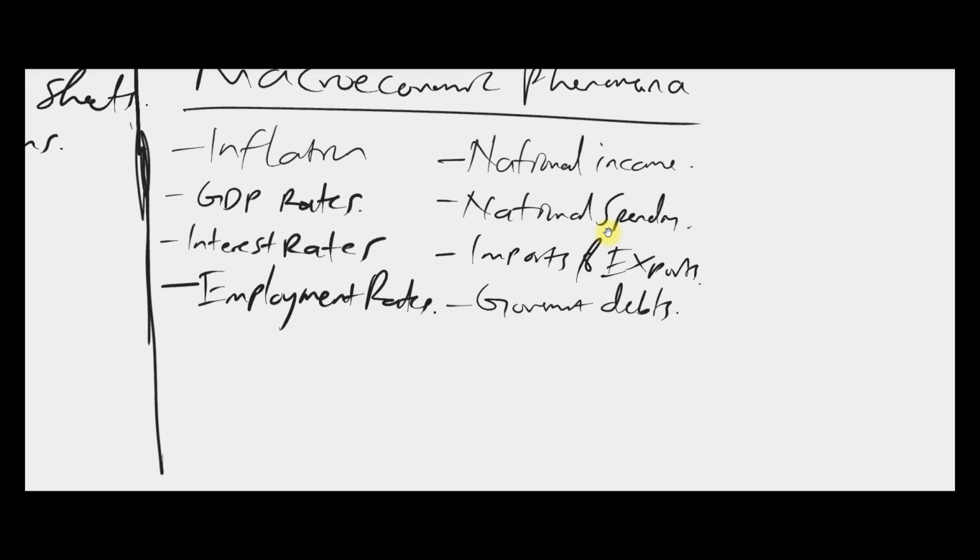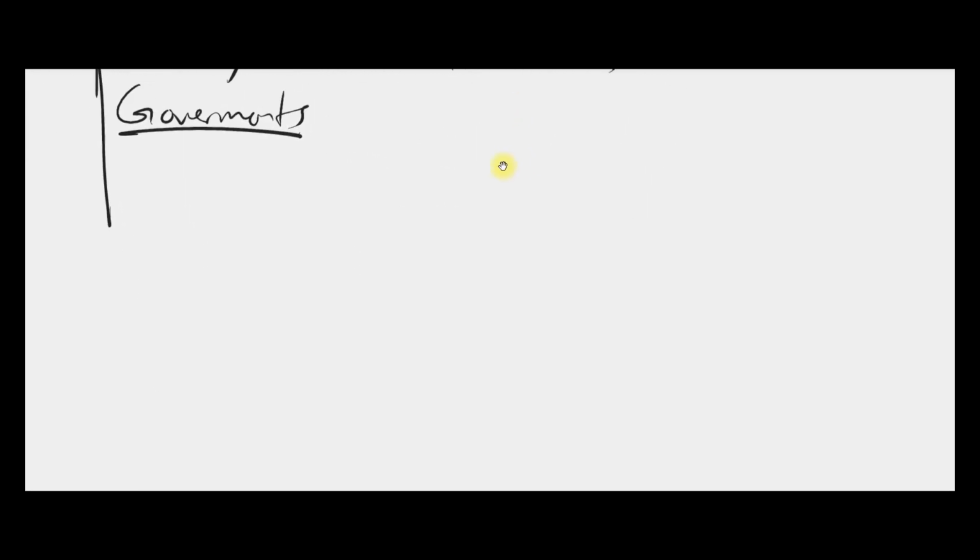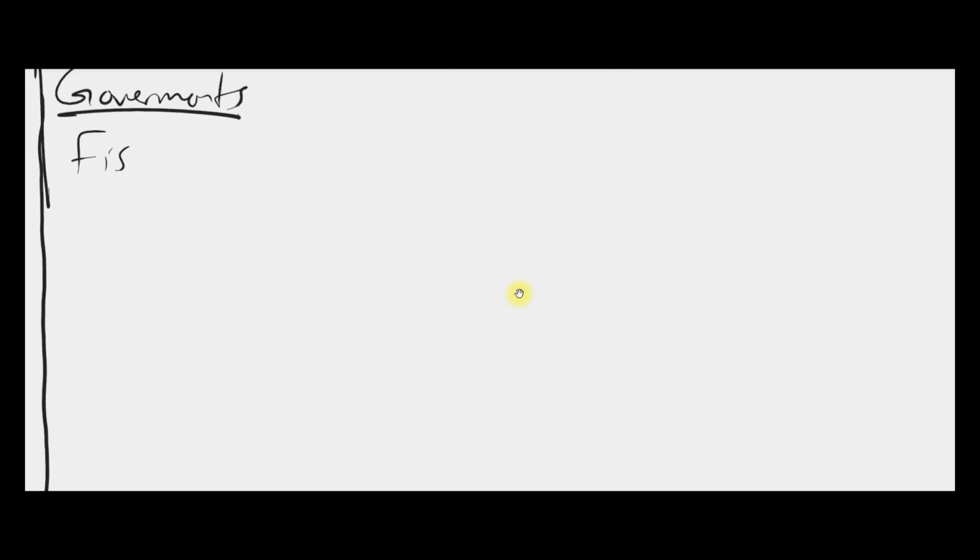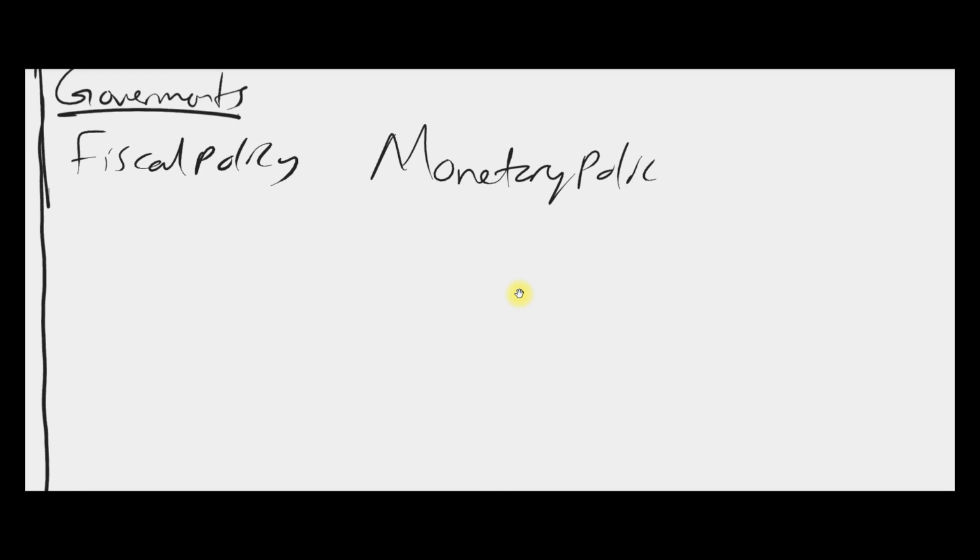Under macroeconomics, now when we look at governments as individuals, let me write that here. Government. How a government is run is that there are two main policies controlling the market: fiscal policy and, you guessed it, monetary policy.